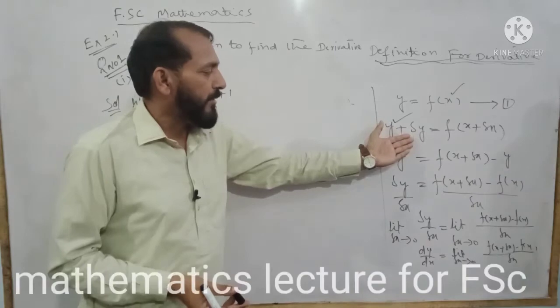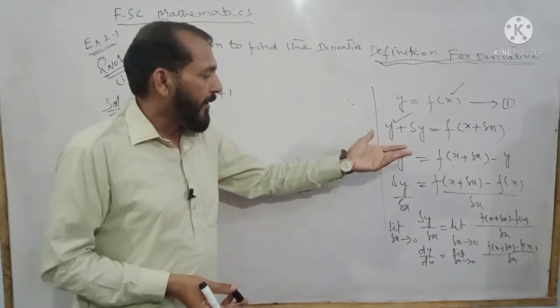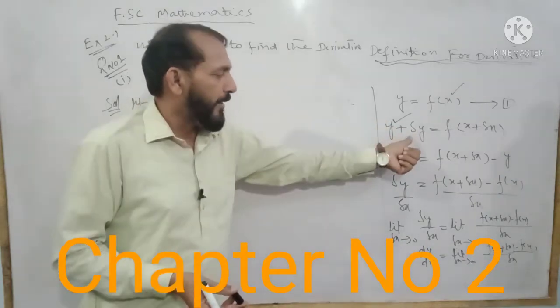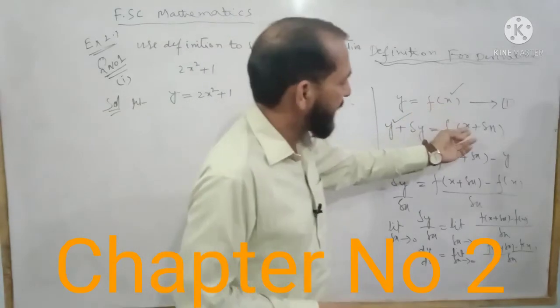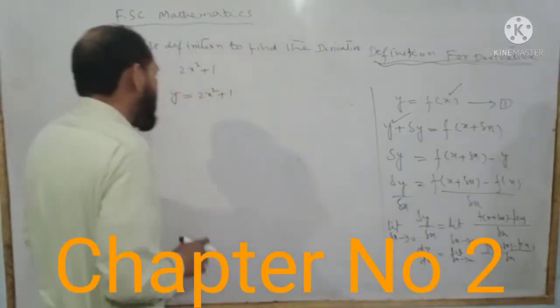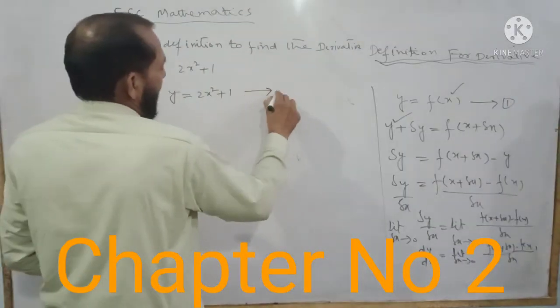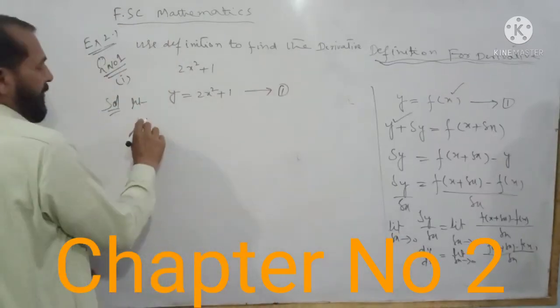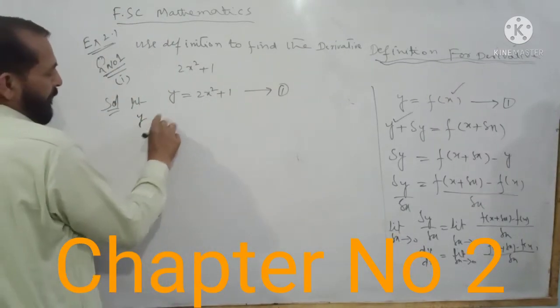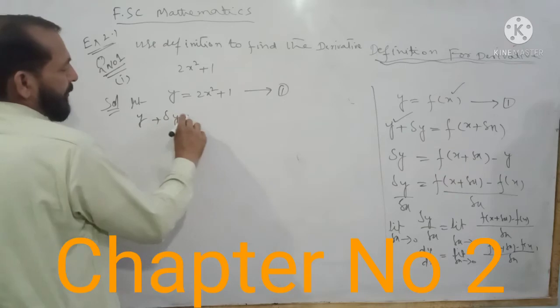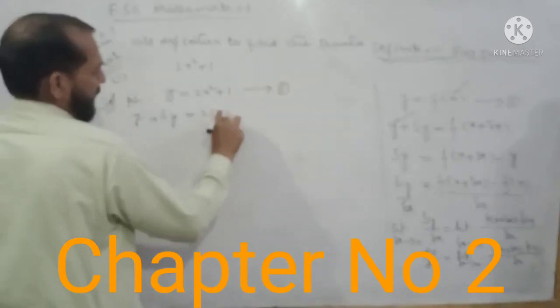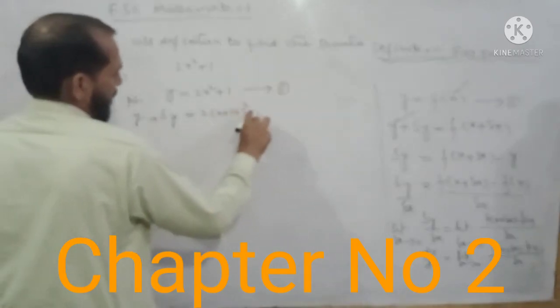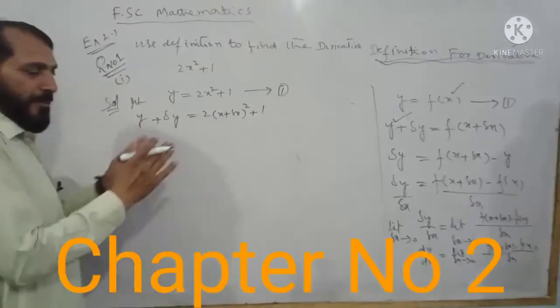Now we have to take a small change. Where the variable y, we have to change del y, and where the variable x, we have to change del x. Okay? So we can write it as question 1. We have a small change in both. Okay, this is the first step.